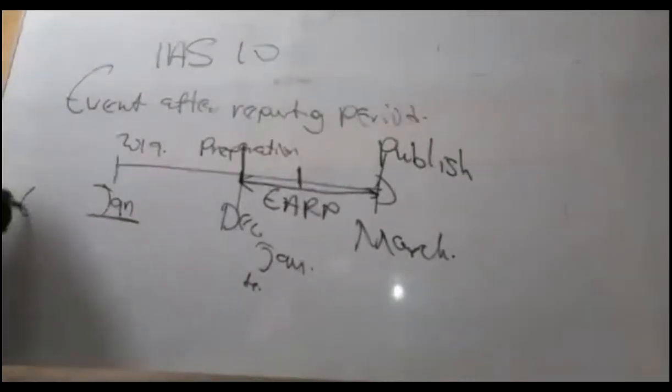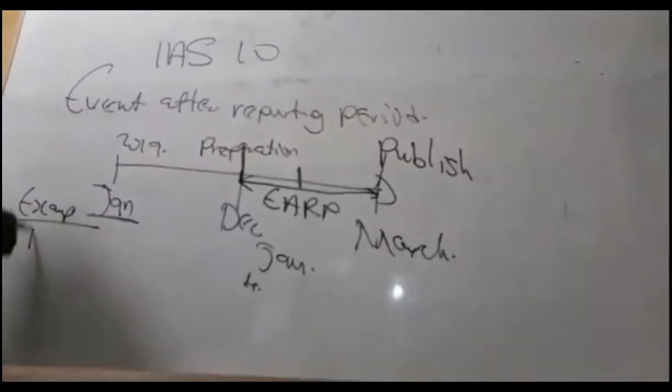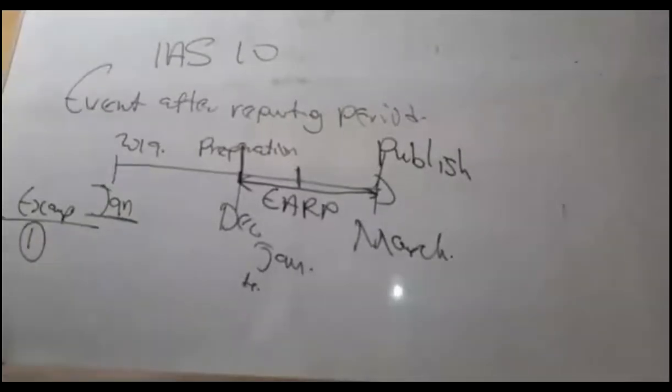So, examples of adjusting events. One, written down value of assets. It can be receivables or it can be inventory. Let us assume that you have inventory, and shortly after the year end, you sold these goods below their cost.